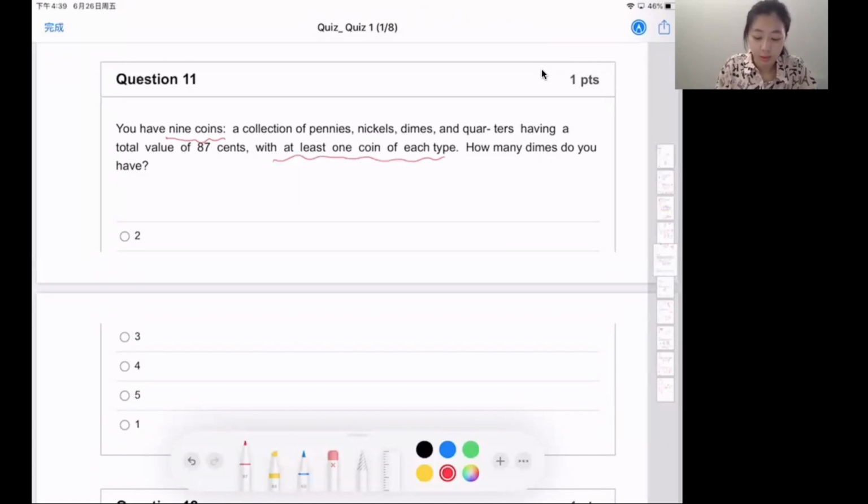So at least 1 penny, 1 nickel, 1 dime, 1 quarter. That's 41 cents.